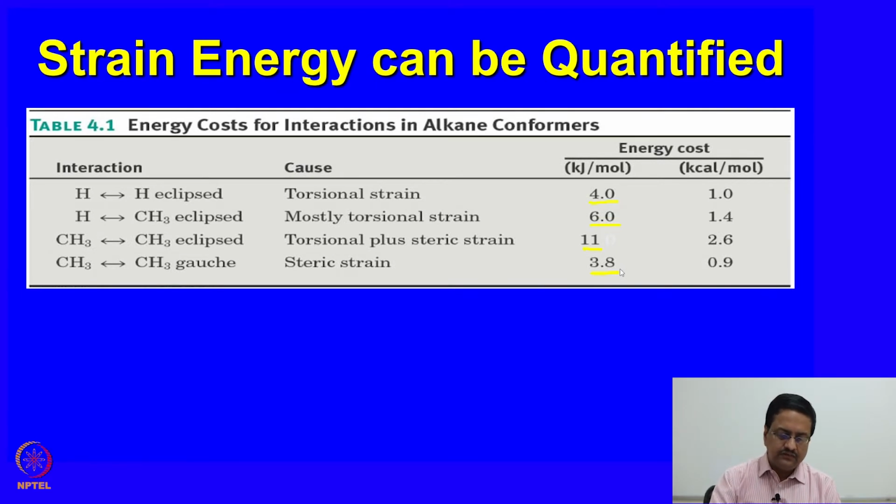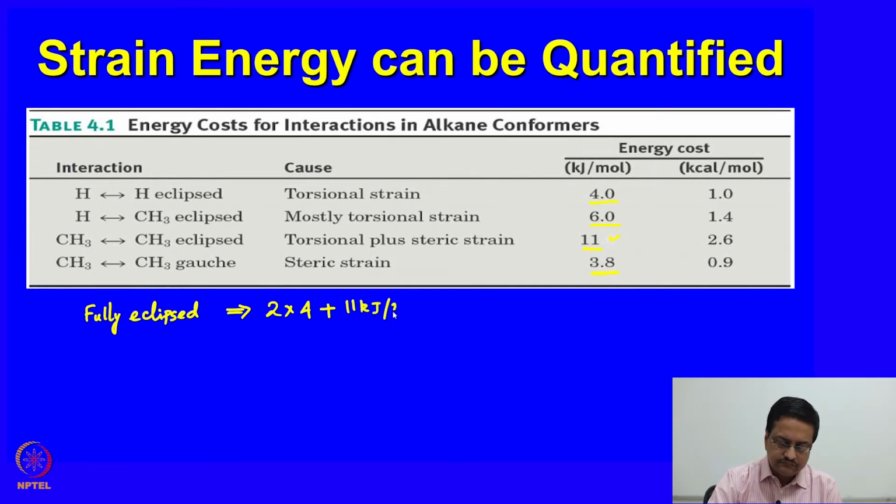So if we now try to see that the fully eclipsed conformation should have 2 into 4 plus this one 11 kilojoules per mole. So it will be 19 kilojoules per mole, which we have already seen.